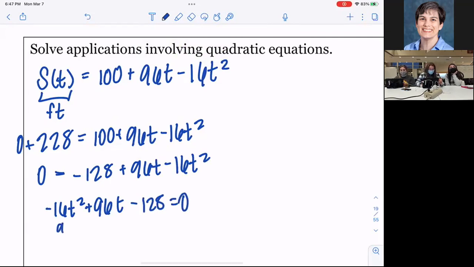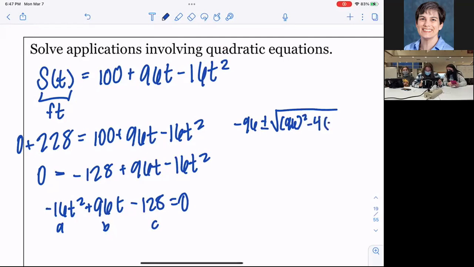So here's my A, my B, and my C. So I'm going to have negative b, so it's going to be negative 96 plus or minus the square root of b squared minus 4 times a times c, all over 2 times negative 16. So it's going to be negative 32. Hang on a second.